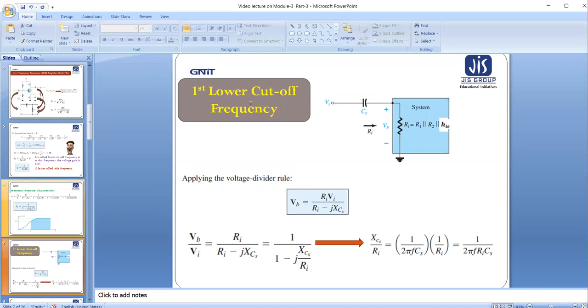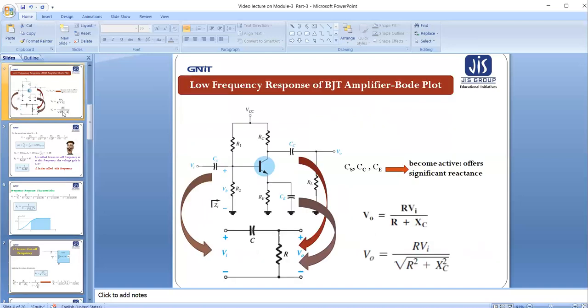So the first lower cutoff frequency is determined by the input signal Vi, CS as the capacitor, and this resistance. Now this resistance can be written as Ri, R1 parallel R2 parallel hie, because these two resistances are in parallel due to the AC analysis, and within the transistor there is an input impedance hie, which is also in parallel, as these concepts were discussed in previous modules.